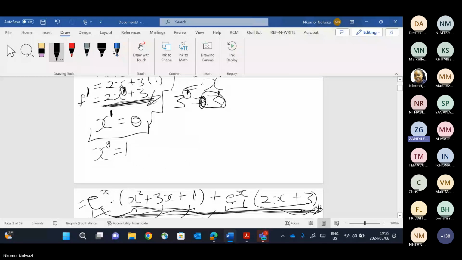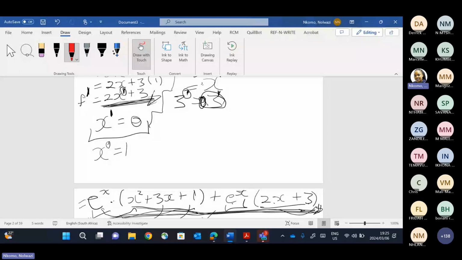Okay, it says e to the power x, and then it's x squared plus 3x plus 1. And then it also said plus e to the power x again. So it is supposed to be like this. This e to the power x is for a derivative.